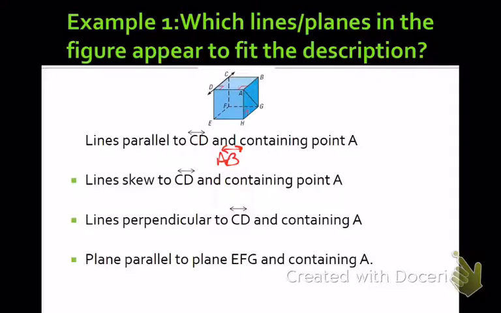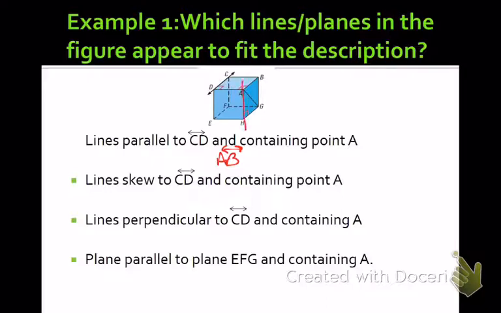Now we need a line that's skew to line CD and contains point A. Now skew needs to not touch, so it can't be any of these guys. Those are all touching. But it cannot be coplanar, so it can't be any of these guys because they're all in the same plane. So basically, to find the line skew to line CD, you need a line that's going a different direction and is not going to touch it.